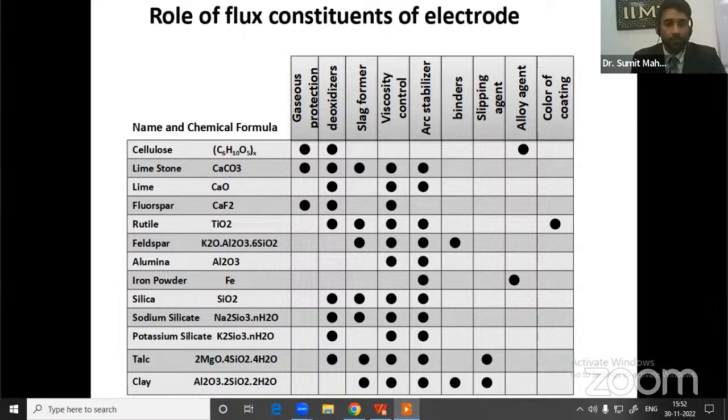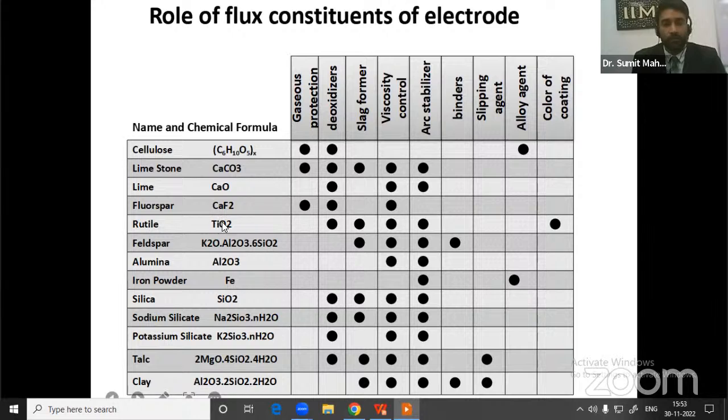Why do we use cellulose? Here are some of the functions: gaseous protection, deoxidizer, slag former, viscosity control, arc stabilizer, binders, slipping agent, alloying agent. So every mineral has certain properties. If I'm talking about rutile, this is a titanium oxide, which provides deoxidizing agent, slag former, viscosity control, arc stabilizer, and also color of the coating, because this titanium oxide is blackish-grayish in color.